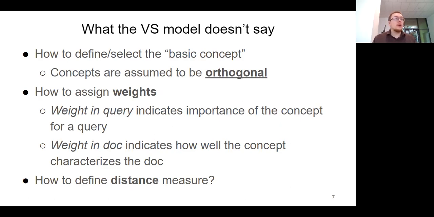The only thing which is assumed is that these concepts should be orthogonal, meaning that, like in the picture, the meaning of one should not affect the meaning of the other. So they should be separable from each other. So this text is about sports and education, and these are not highly correlated dimensions.